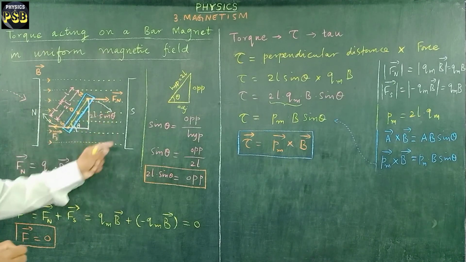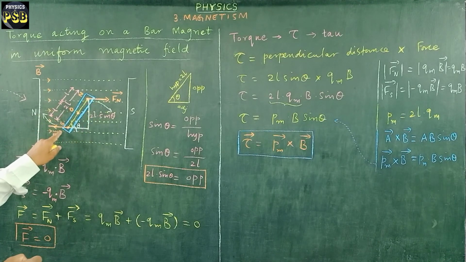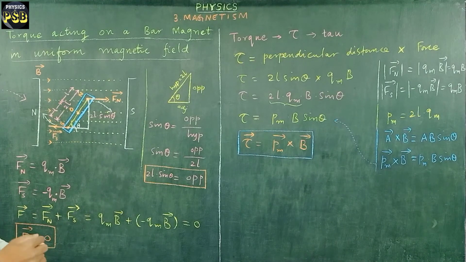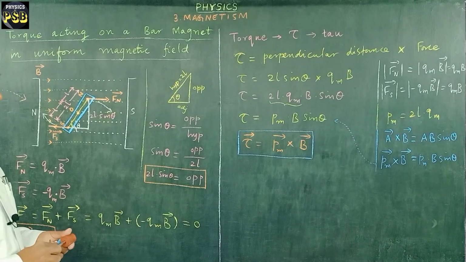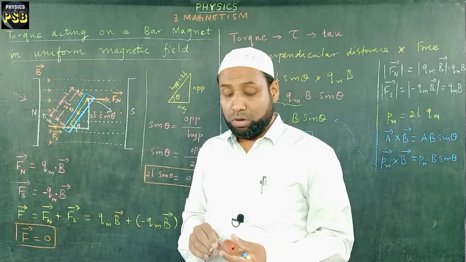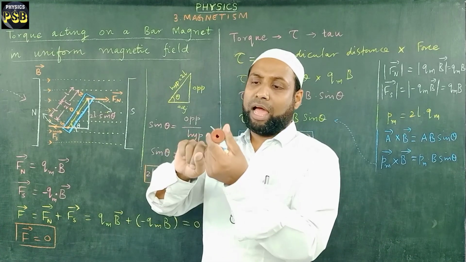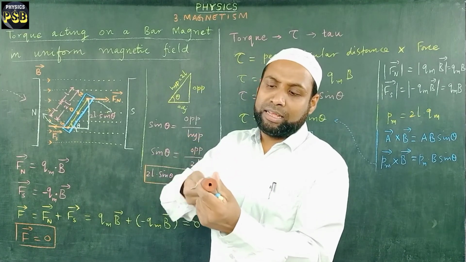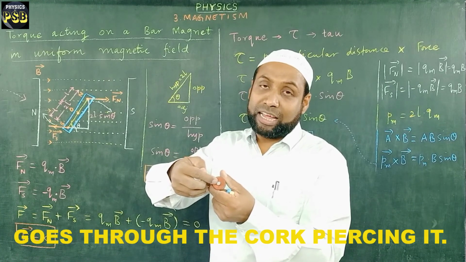See, according to the diagram, these two forces will make the magnet move in a clockwise direction. So according to the corkscrew rule, if you rotate the corkscrew in a clockwise direction, then it projects inward.